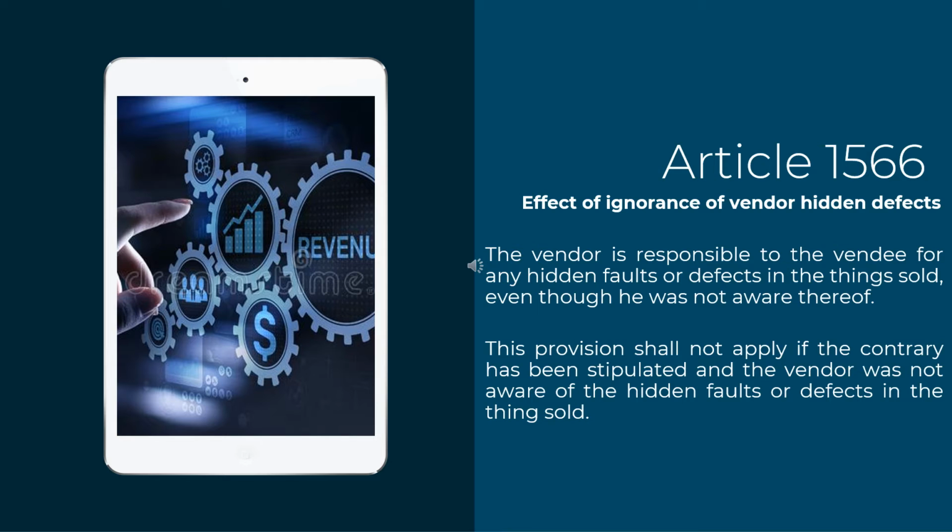So, let's say the vendor truly did not know, but he acted in good faith, that can be included in their contract, and the vendor can defend himself to say that he is not guilty or not aware of these hidden defects or hidden faults.